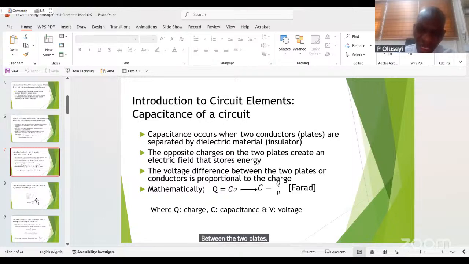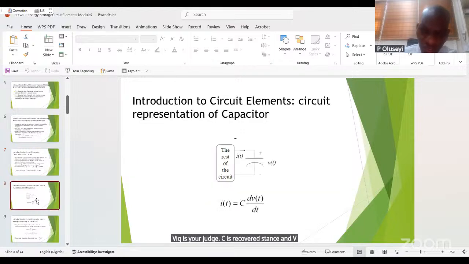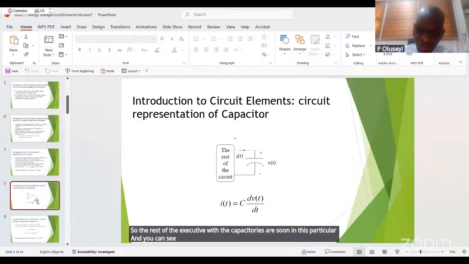And we have mathematically Q equals CV, where Q is your charge, C is the capacitance, and V is the voltage. So the rest of the circuit with the capacitor is as shown in this particular circuit diagram. And you can see the mathematical expression as well.